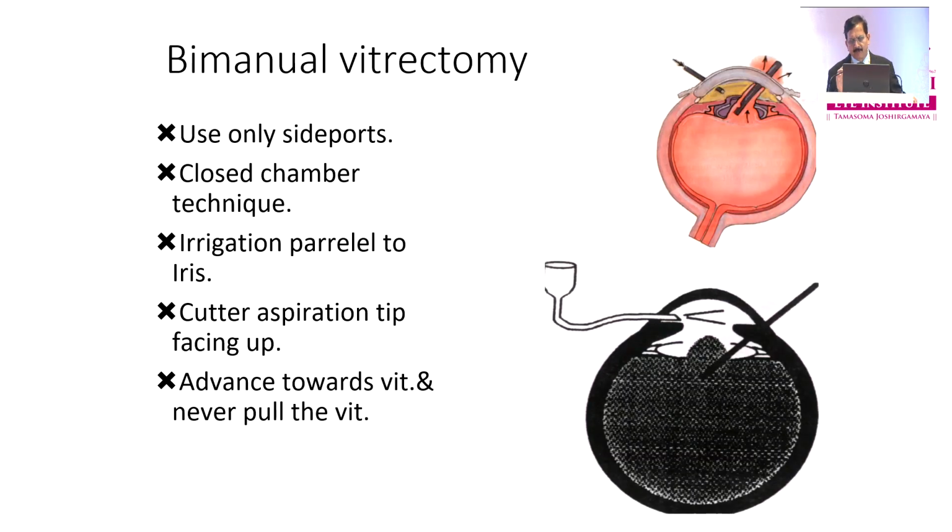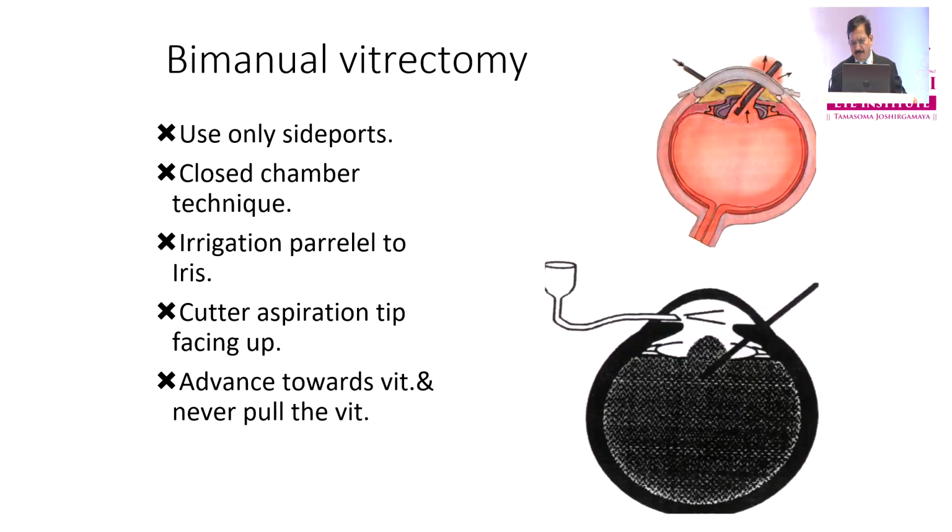Bimanual vitrectomy. Here, as I told you in the beginning, if you direct the infusion towards the vitreous cavity, more and more vitreous starts coming out, and then you end up doing more vitrectomy. So the best thing would be to keep the irrigation parallel to the iris. That is point number one. Second, both the vitrectomy probe as well as your infusion should always go through the side port, so that you can convert that into a closed chamber technique.